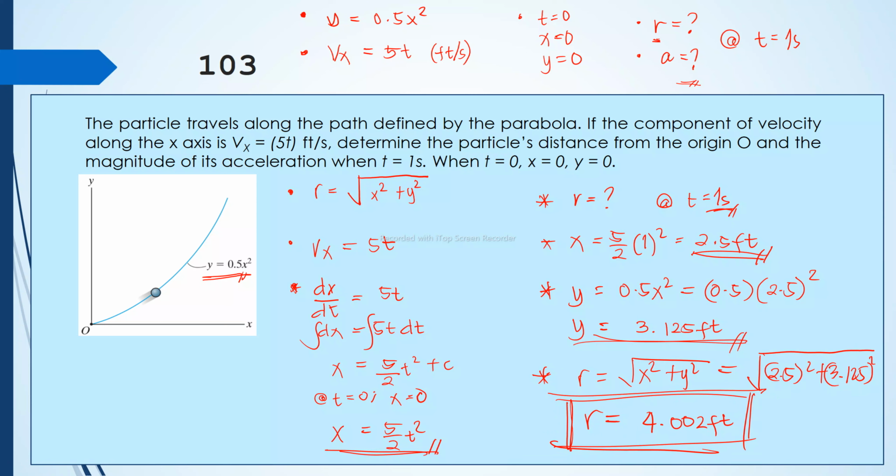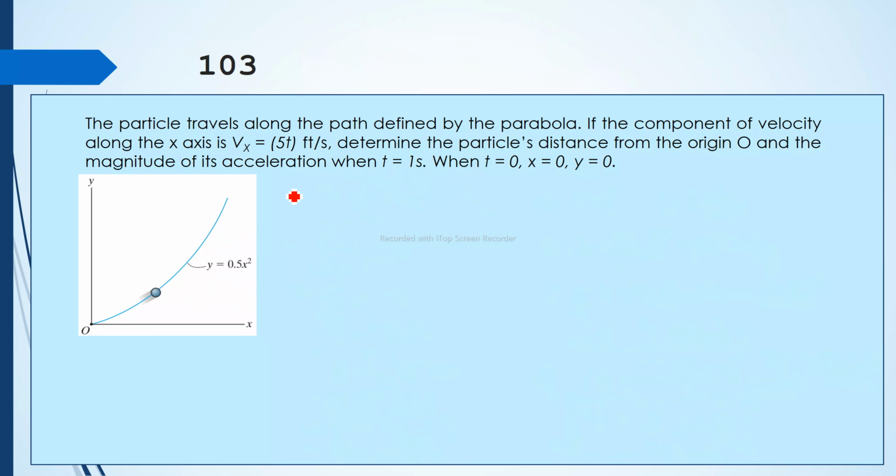Next, we're going to find the magnitude of the acceleration at time equal to 1 second. Okay, so we need to take note of our equations. We have vx equal to 5t.